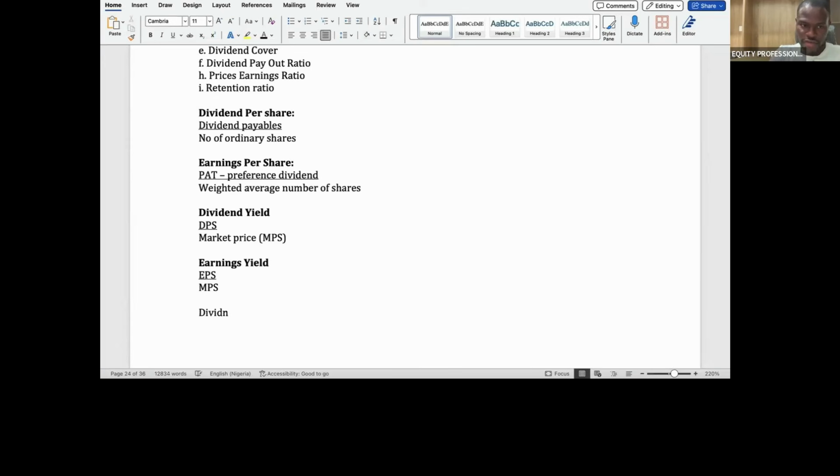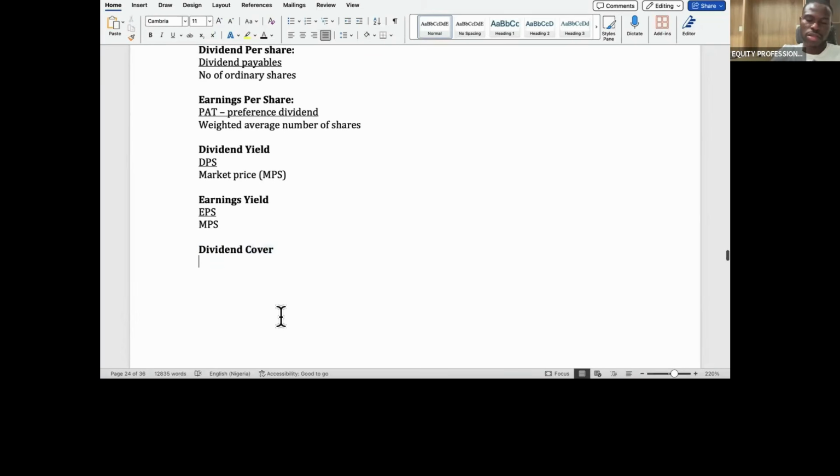Then you have dividend cover. This is the number of times your profits can pay your dividend. Who can tell me the formula for this, please? Anyone? Formula for dividend cover? PBIT over dividend payable. Okay, that's correct, but that's stressful.